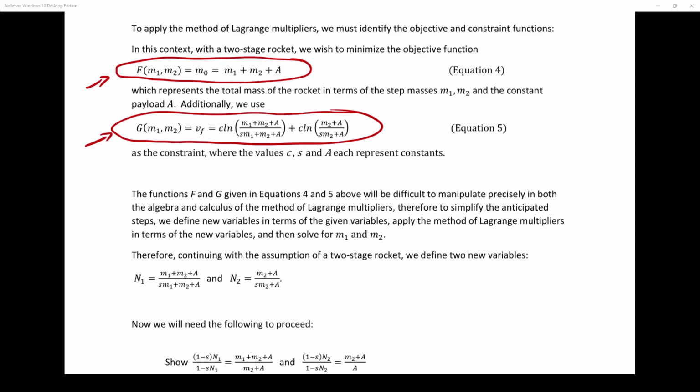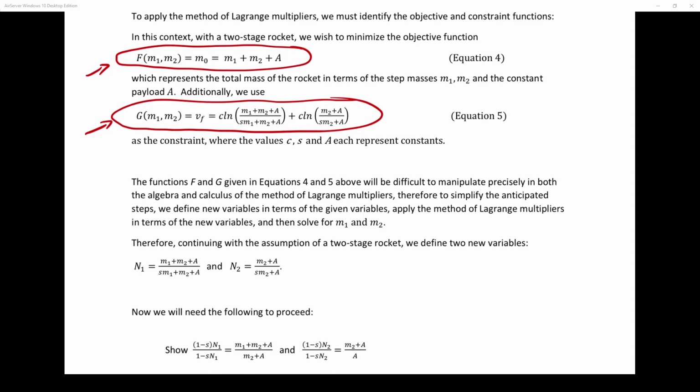But in order to do that, basically through the algebra and calculus, we'll make a substitution with some new variables that make the process of doing this algebra and calculus much easier.